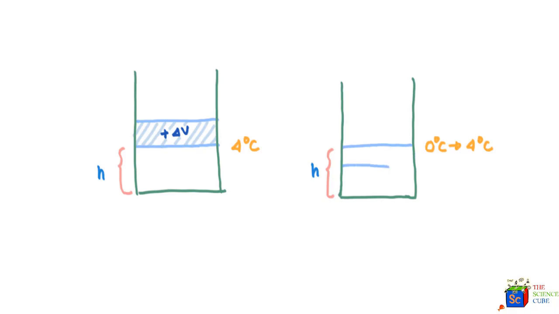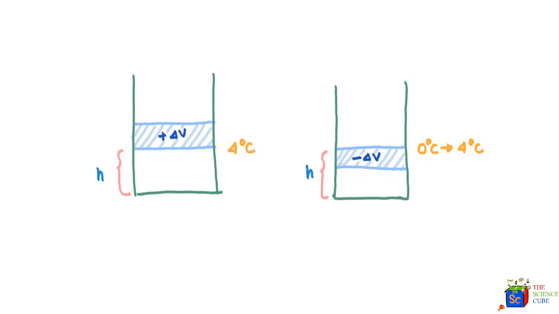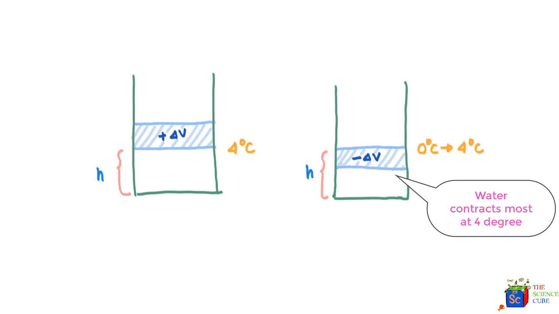So if you start heating water at 0 degrees, it'll keep contracting, not expanding, till it reaches 4 degrees, at which temperature the water would have contracted the most, and therefore at 4 degrees the density of water is at its max. And this strange contraction of water explains why lakes freeze on top first.